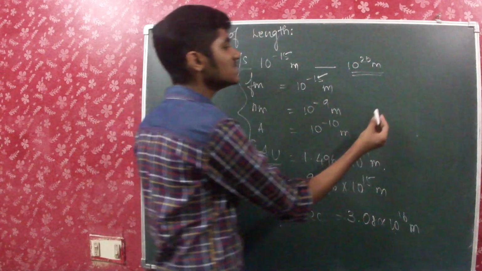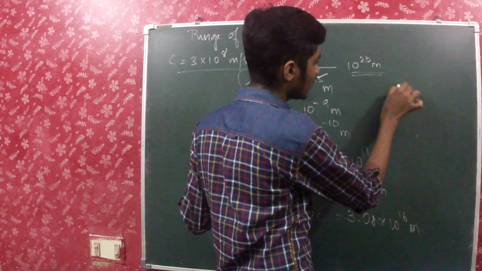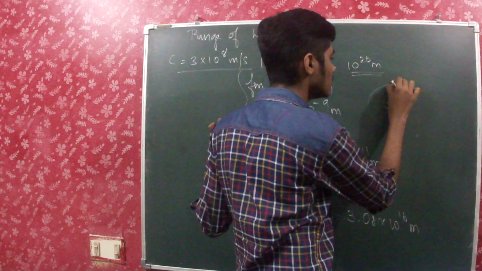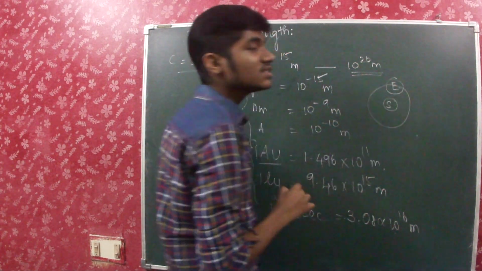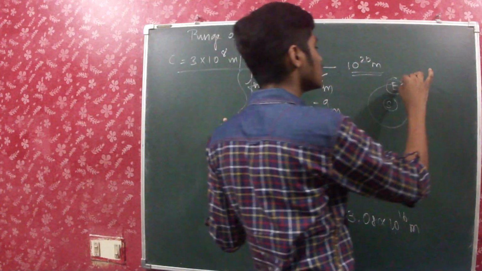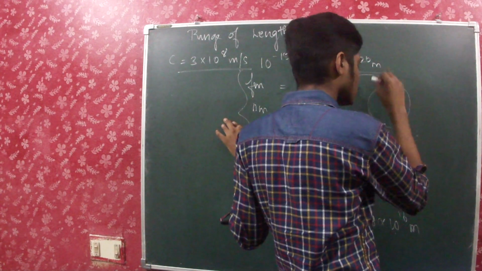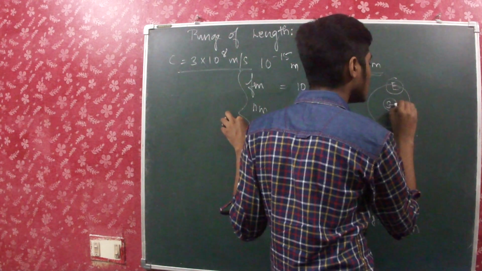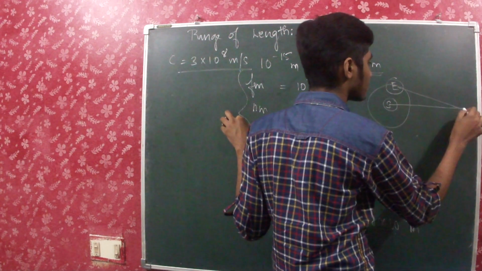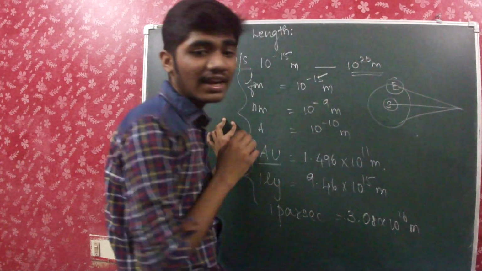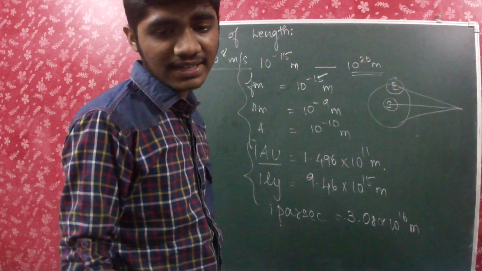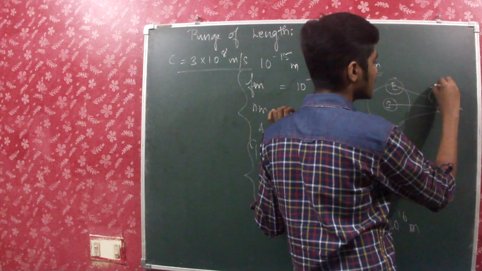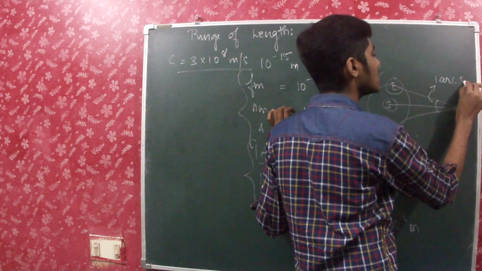And that is nothing but, if this is Sun and this is the Earth's orbit, the radius of the Earth's orbit, at a greater distance subtends an angle, that is the angle which is being subtended will be 1 arc second.